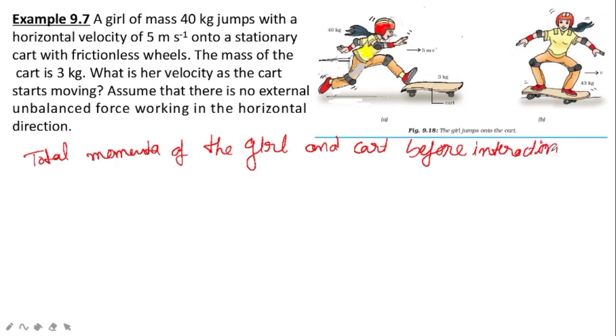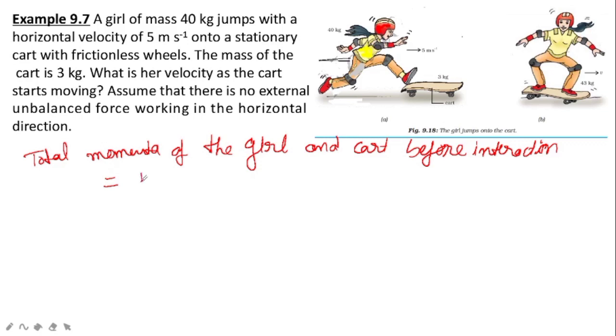So which formula will we use? That is MA into UA, because it is initial, that is before, plus MB into VB. So we will use the same formula, right? So which is equal to MA. Here let's take A as the girl, right? Now MA means mass.